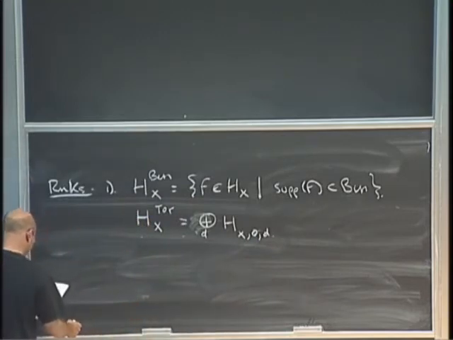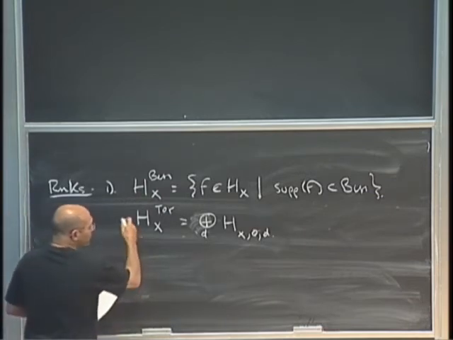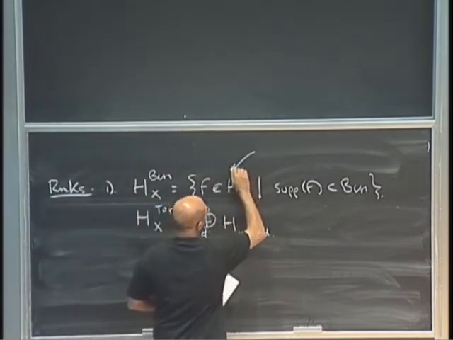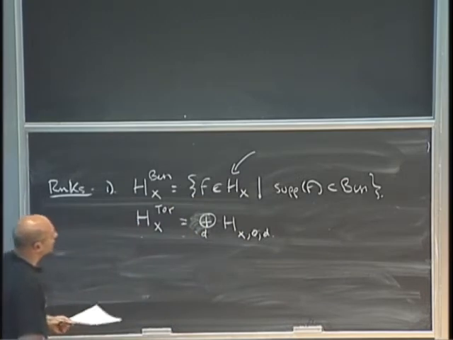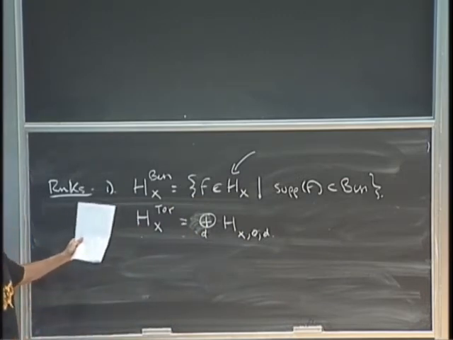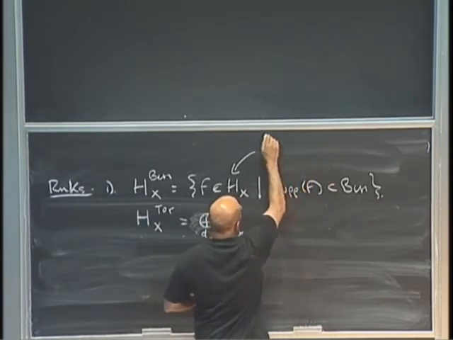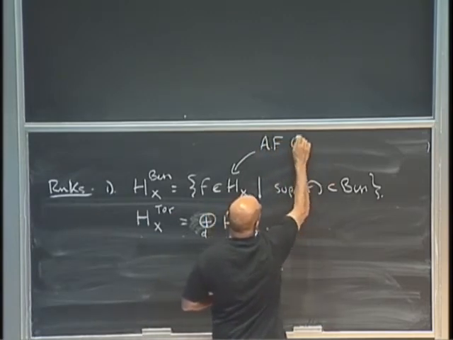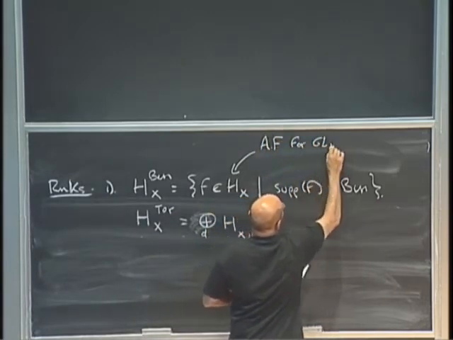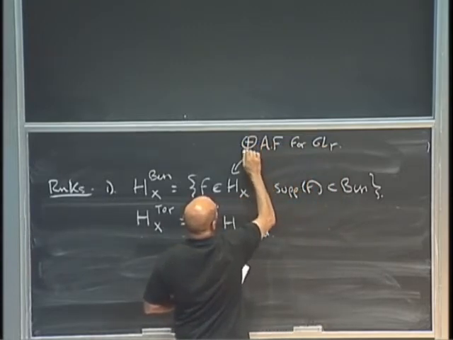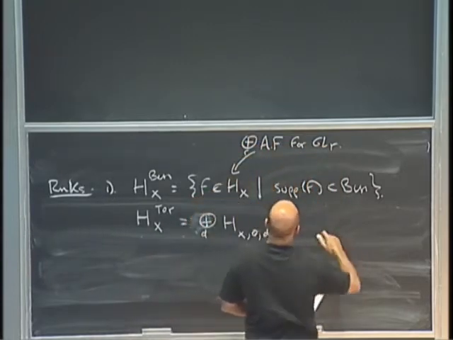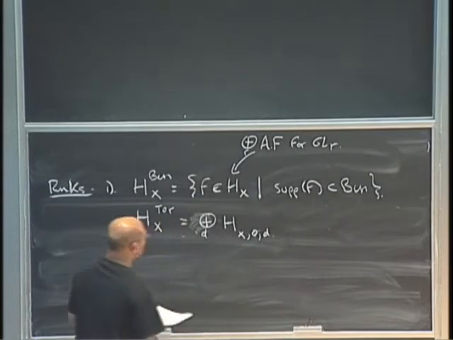And so the first one is exactly the definition of everywhere unramified automorphic forms. I'm not going to write the whole thing. I'll just say automorphic forms for GL_R, and it's the direct sum over all R, unramified.